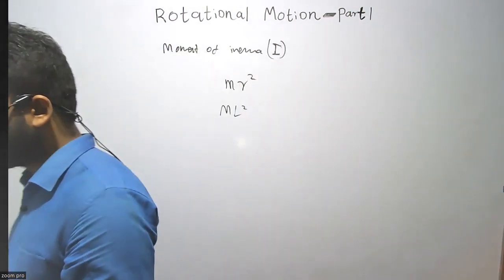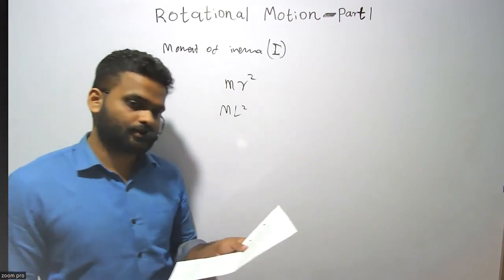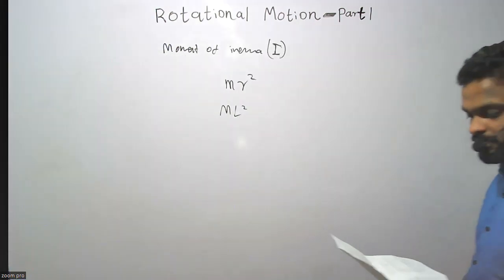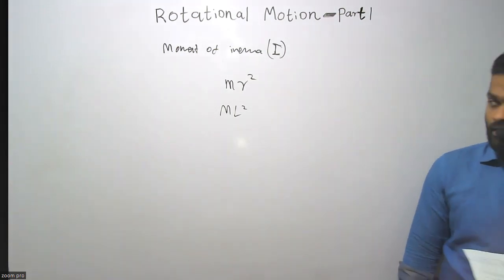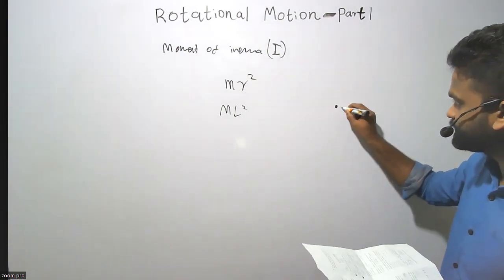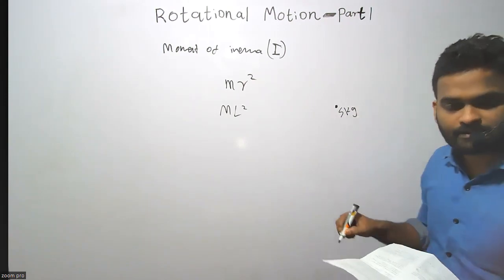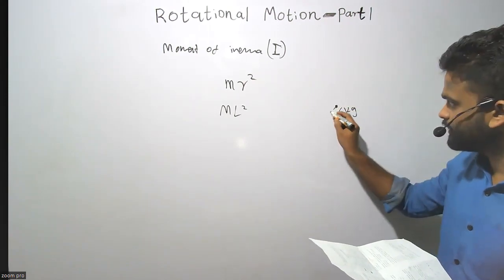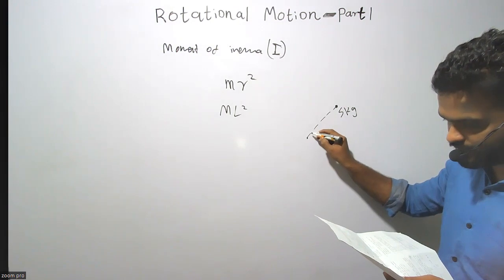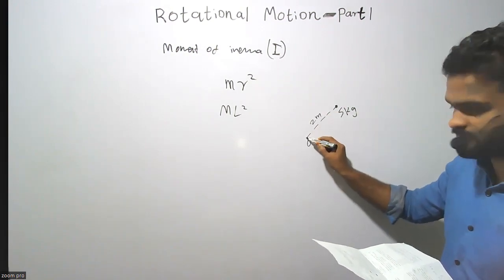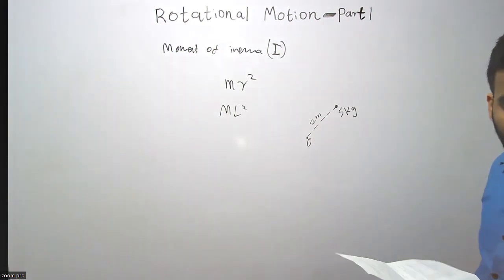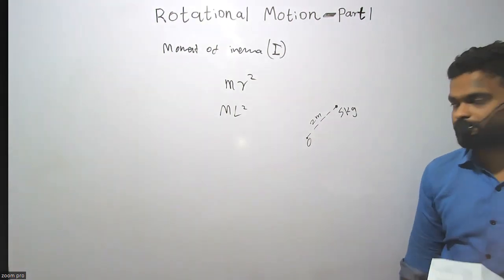Then try the 10th question. I'll give you a minute to try that. Right. 10th question. Moment of inertia of a mass of 5 kilograms. So this is like a point mass, right? 5 kilograms, attached to a string of 2 meters. Now the rotational axis is here. So what's the equation to find the moment of inertia?